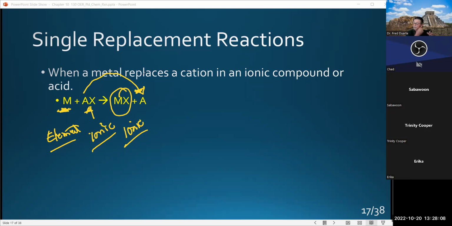All right, and I did mention this, I think, but this type of single replacement reaction, you may have heard of plating. I'm sure you have jewelry that's plated, silver plated, gold plated, chrome. You got a vehicle with lots of chrome, that's chrome plating.